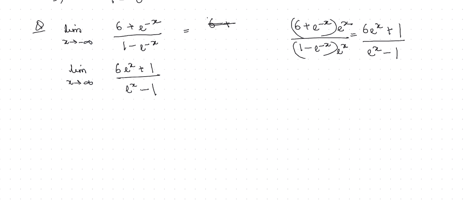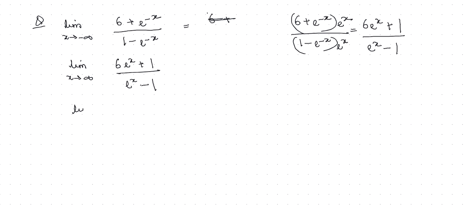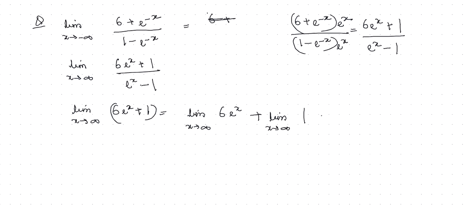So the limit of 6e^x plus 1 as x tends to negative infinity.